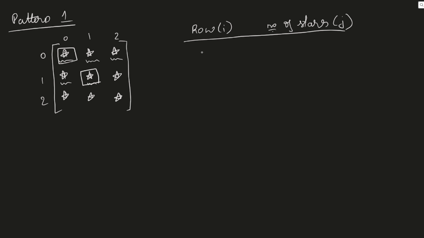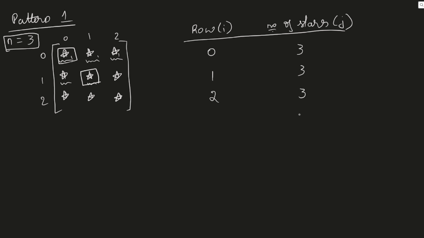For row 0, how many stars do we have here? 1, 2, 3. 3 stars. For row 1, 1, 2, 3. It's again the same. The same goes for row 2 as well. Here I missed mentioning that the input for this pattern is n, which indicates the number of rows, which is 3 in this case.